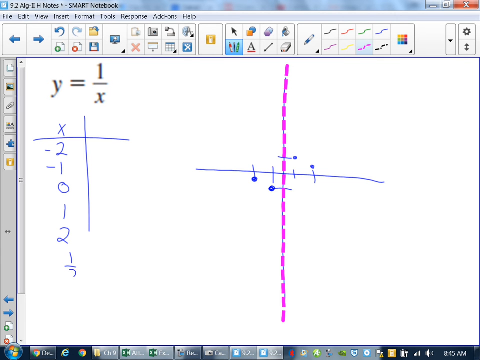That's 2. So at a half, it's 2. At a third, it's going to be 3, 4, and so on and so on.